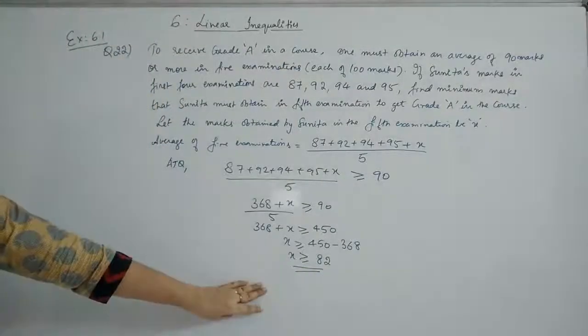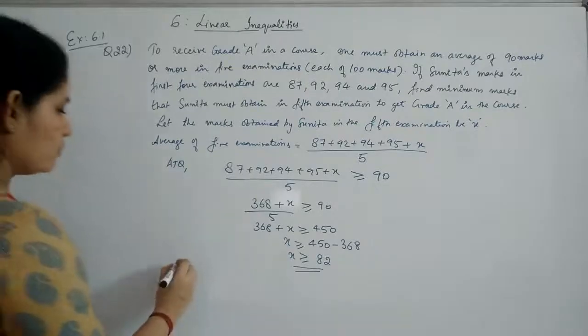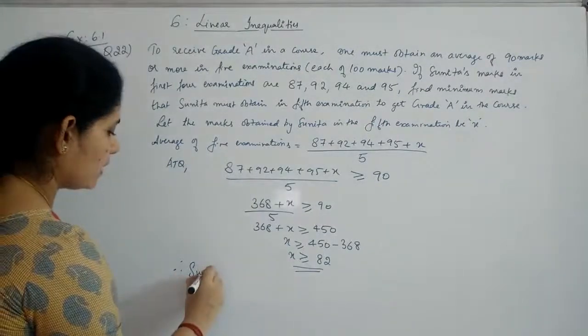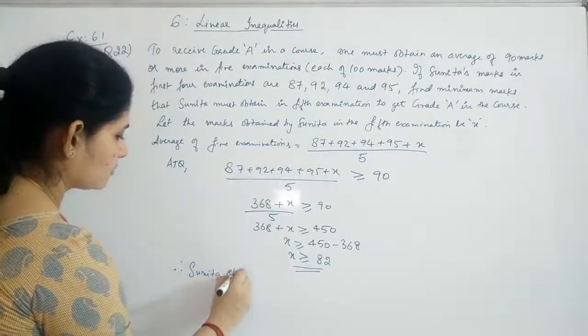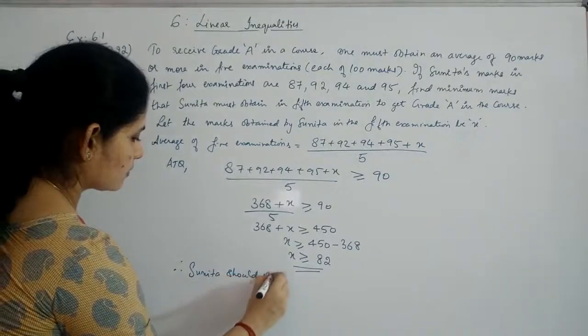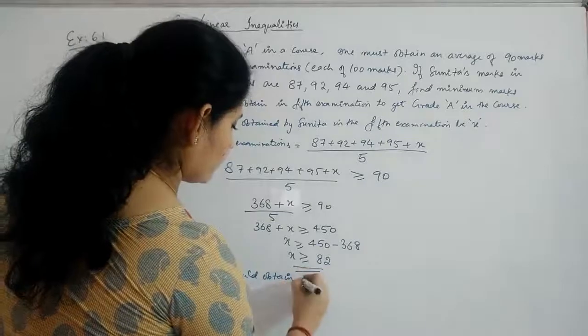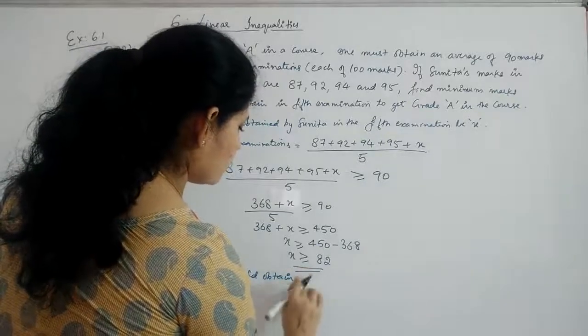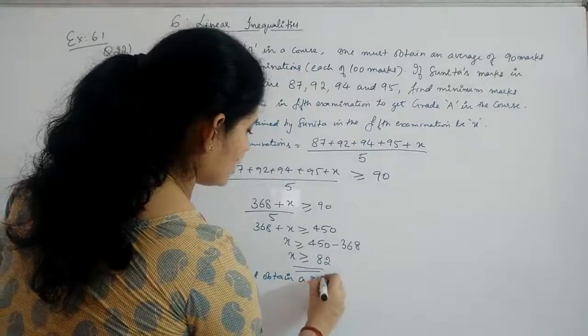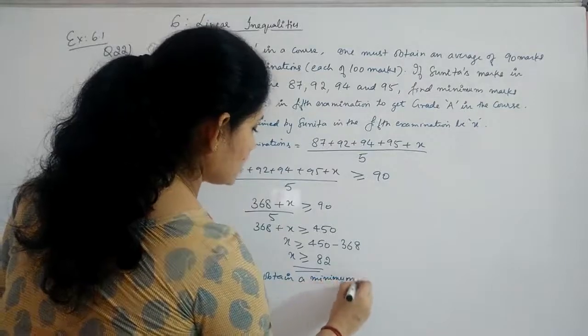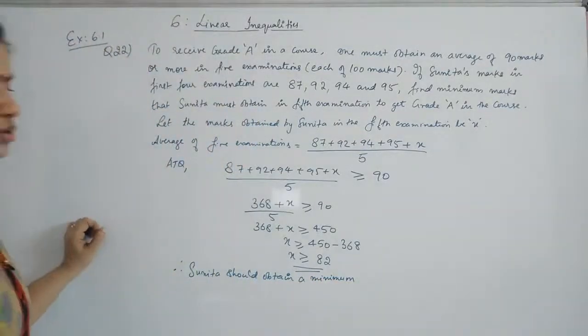So what is the meaning of this? Therefore, Sunita should obtain a minimum of 82 marks. That means it can be more than 82 also.